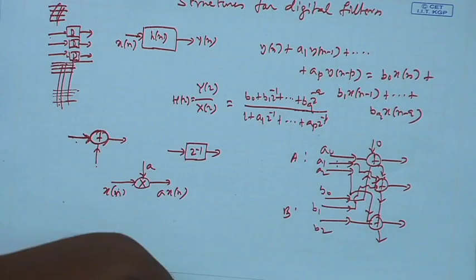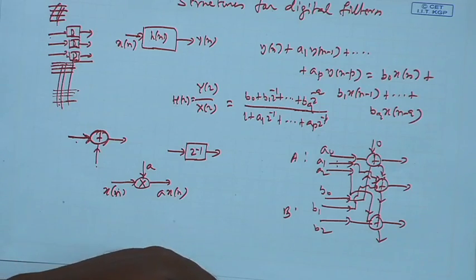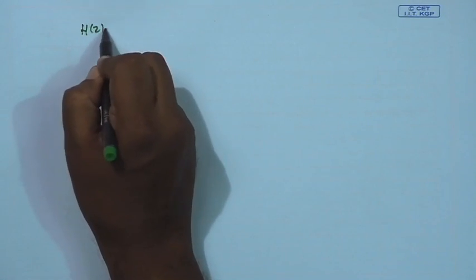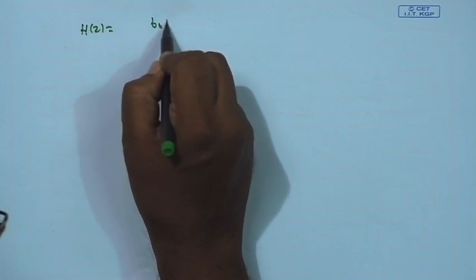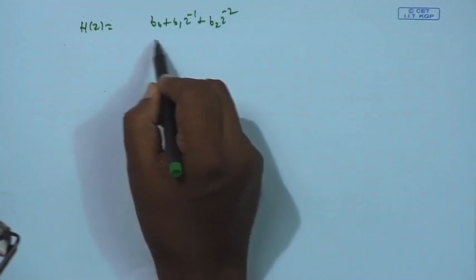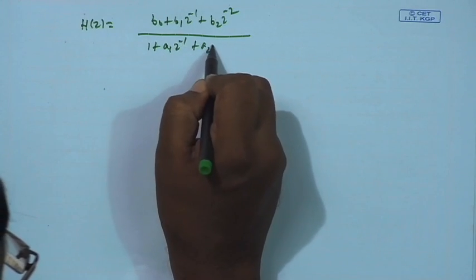This is an IIR filter, we start with that. So, suppose you have as an example H of z of the form B0 plus B1 Z inverse plus B2 Z inverse 2 divided by 1 plus A1 Z inverse.